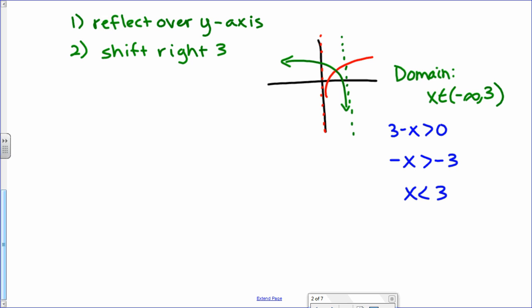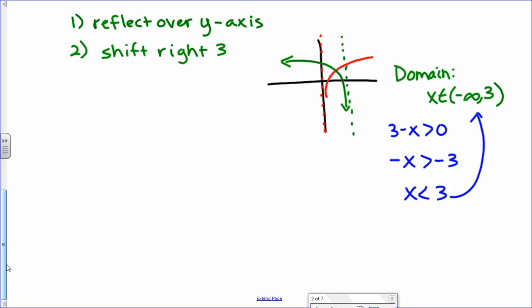X is less than 3. So that's the interval, negative infinity to positive 3. So you can still find domain just by taking what's inside the log function, setting it greater than 0. Okay? But that's what it would look like on a graph. That's why it's negative infinity, because you have to switch your inequality sign.